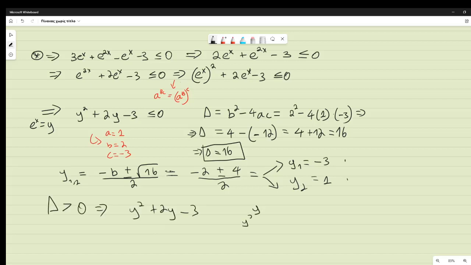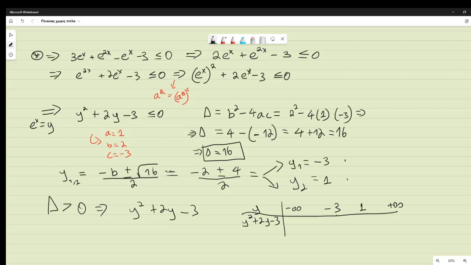Because delta is greater than 0, we will write the two roots over here.